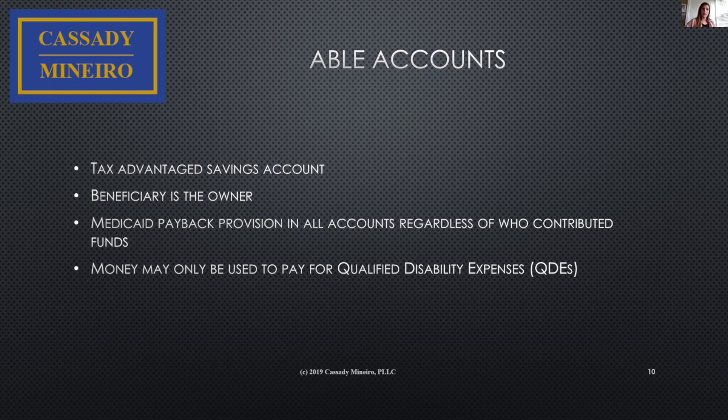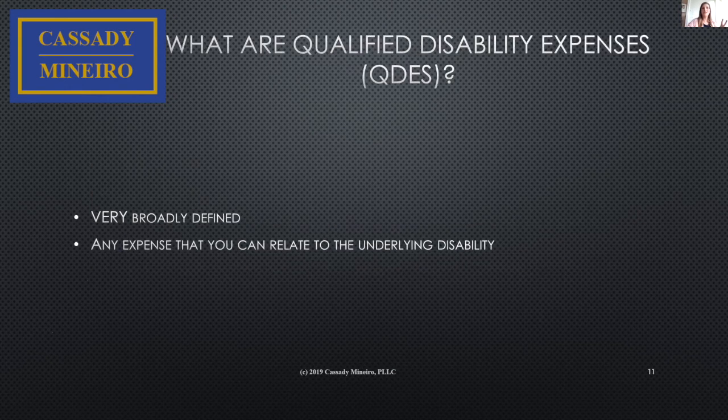The Medicaid payback provision is in all accounts regardless of who contributes the funds. And the money may only be used for qualified disability expenses. However, that has been defined really broadly, really broadly.